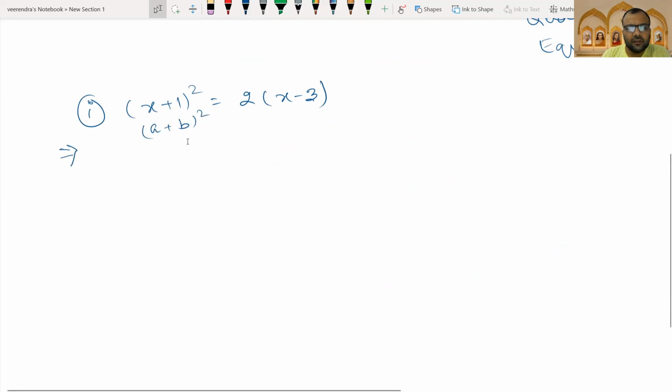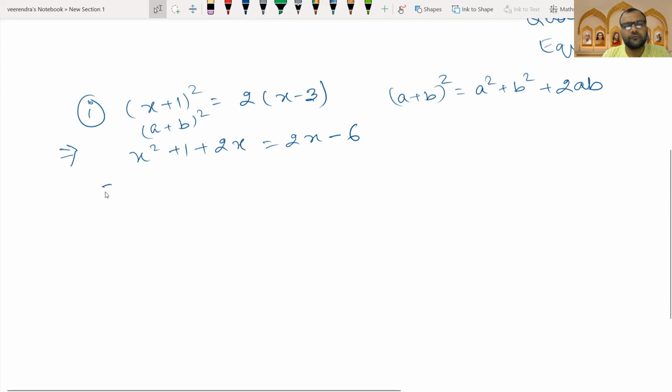So using this identity, we know a plus b whole square is a square plus b square plus 2ab. So it will be x square plus 1 plus 2x is equal to 2x minus 6.